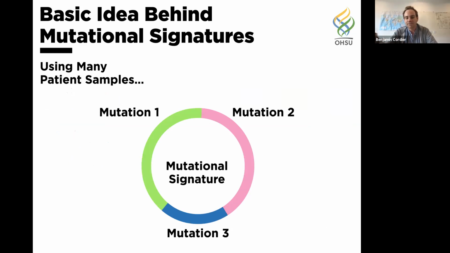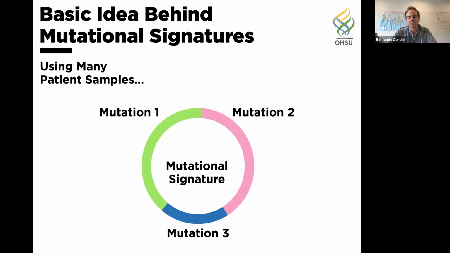So if we have these mutations and these different combinations characterizing a sample, we can then look to many similar patients, say all other patients with a specific kind of leukemia, and see what are the proportions of mutations that are shared across these patients. And among those shared mutations, is there a subset that we can use to characterize what this cancer is and what is driving it?